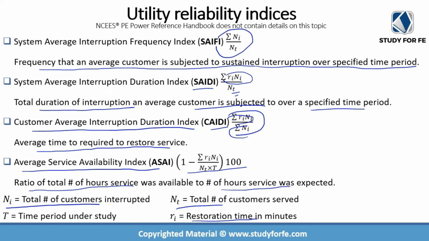So if you expect 8,760 hours of uninterrupted service, but you only got 8,000, essentially it is the ratio of the total hours of service that you received to the total number of hours of service that you expected. And we'll go through a few examples to make all of these indices make more sense.